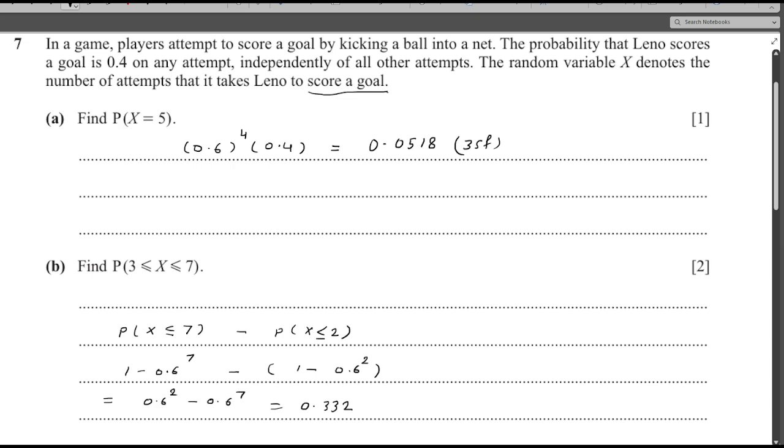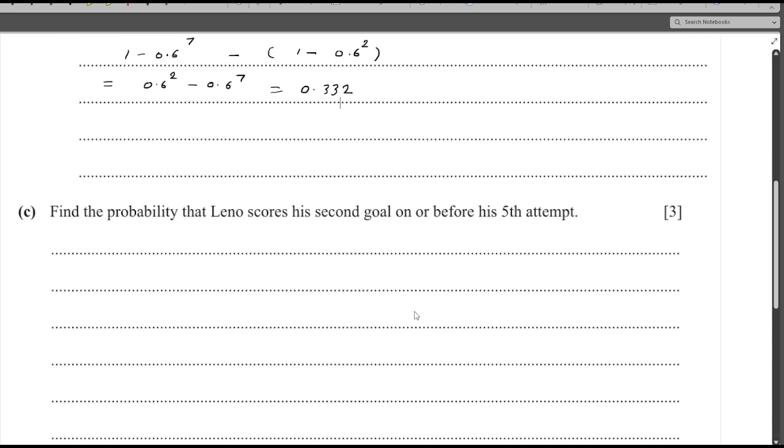Now the next part of the question. C. Find the probability that Lino scored his second goal on or before his 5th attempt. Now on or before 5th attempt, it means that either the second goal is scored on the second attempt, or third attempt, or fourth attempt, or the 5th attempt.